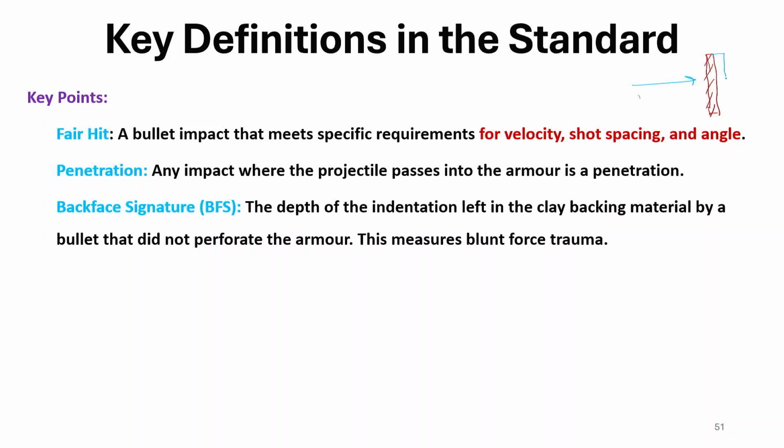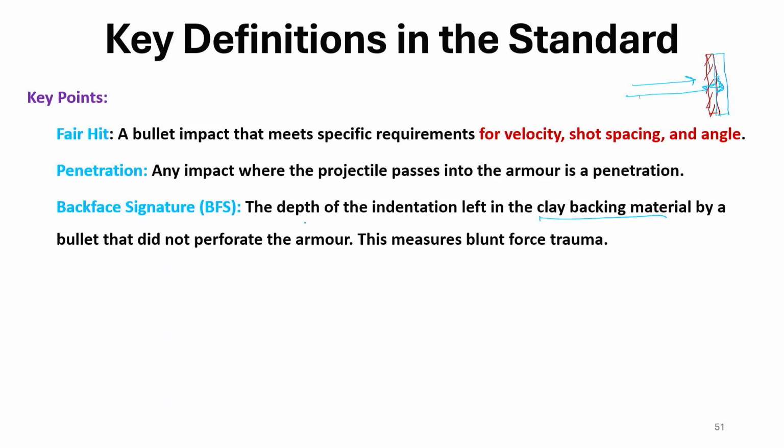At the back there will be a soft material like clay, okay, clay backing materials are there, and when this is hit by that bullet, there will be some deflection due to the cracking or due to the penetration, and on the clay there will be some deflection, it will get deflected, and that deflection is measured.